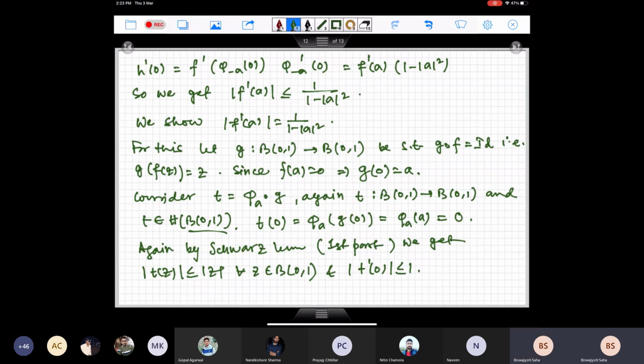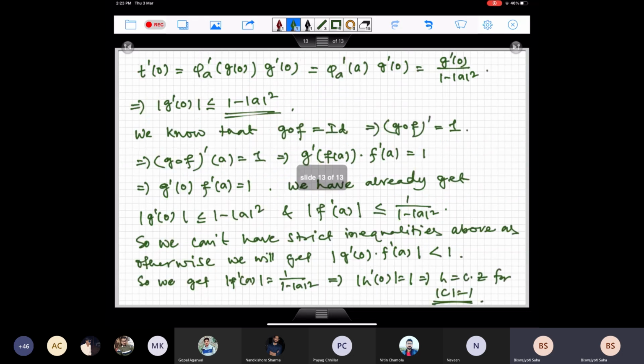Okay, so it was a bijective holomorphic function. So then I considered this inverse, and for that inverse, I also got a bound for g prime of 0, but that bound was effectively the one which, when I take the multiplication, the things get cancelled, and effectively it gives me that the inequality that was over here must be an equality.